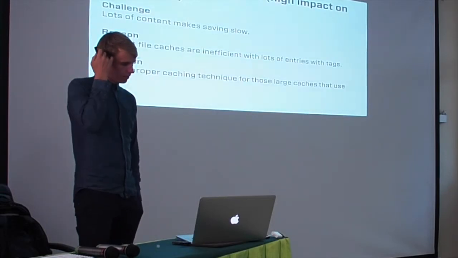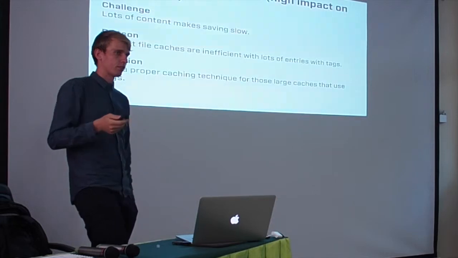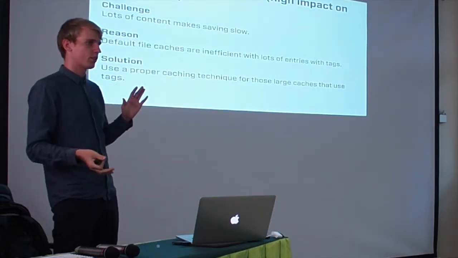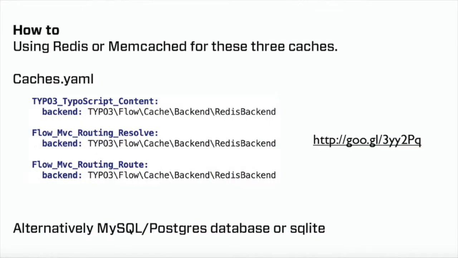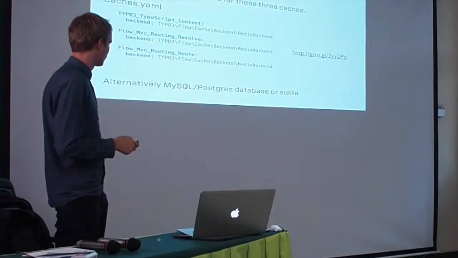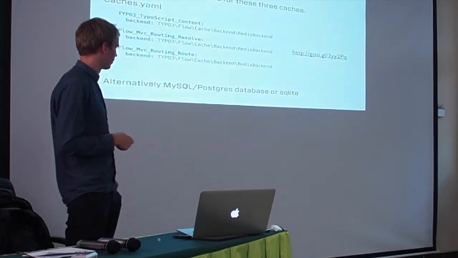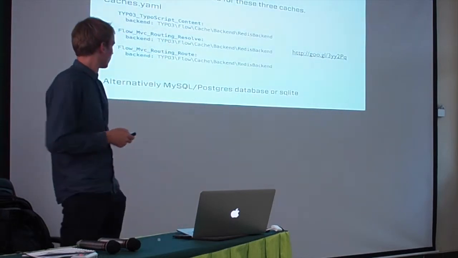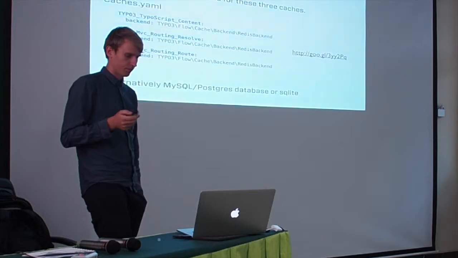One case where you see it is when you edit stuff in the backend and you have a lot of content, like a lot of pages. So therefore, you use Redis or Memcached for those specific caches. You can also use MySQL or Postgres or SQLite, but it's not as straightforward.